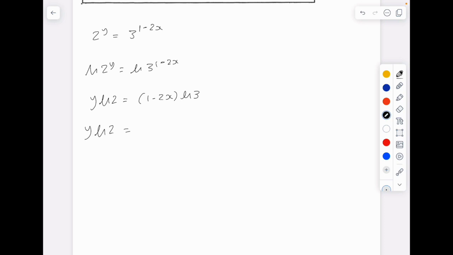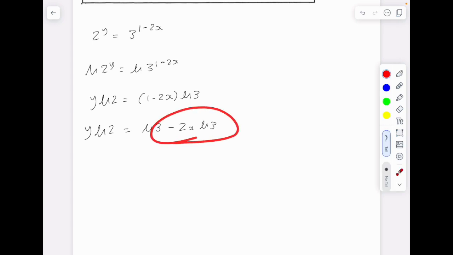So y ln 2 is equal to ln 3 minus 2x ln 3, just to keep things simple.